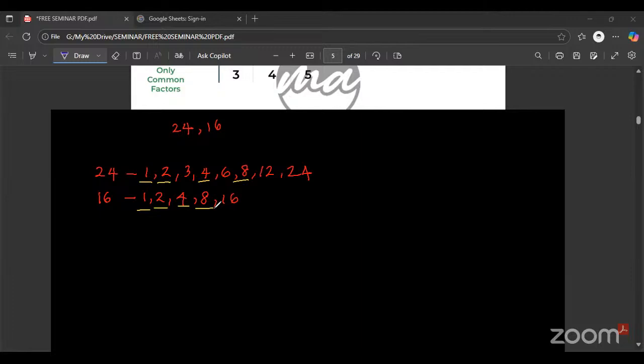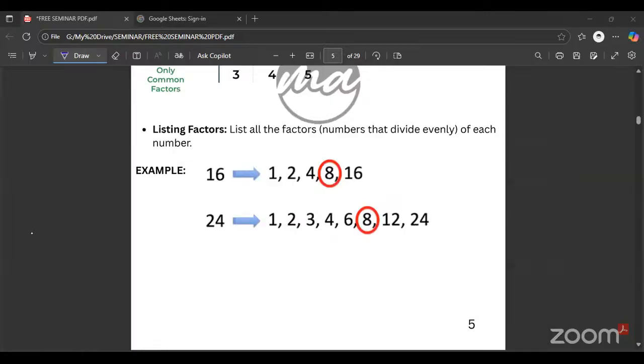Out of these 1, 2, 4, 8, which is the highest number? 8. Which means the HCF of this is gonna be 8. Understood? Yes.